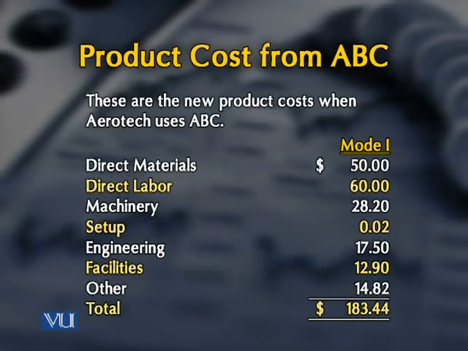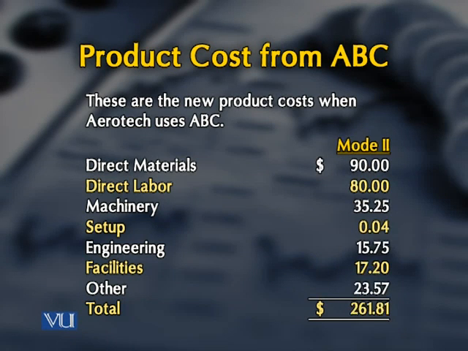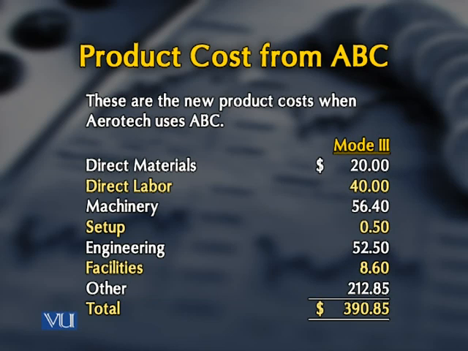It is the same as we have in the traditional case, but setup 2 paisa, 4 paisa, 50 paisa, engineering 17.5, 15.75, and then 52.5, and facilities 12.9 and 17.2 and 8.6, and others 14.82, 23.57 and 212.85.